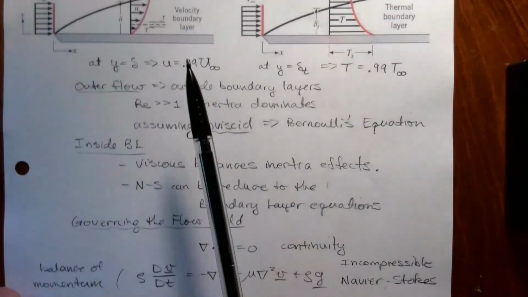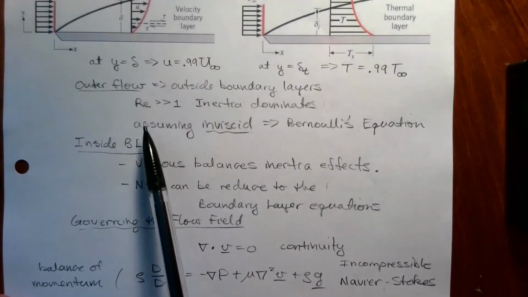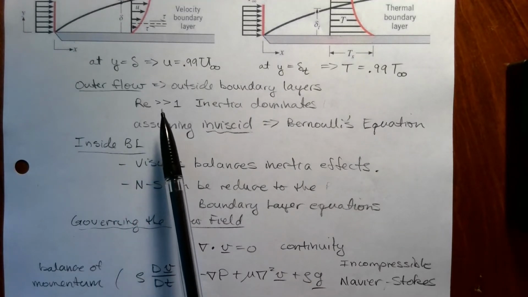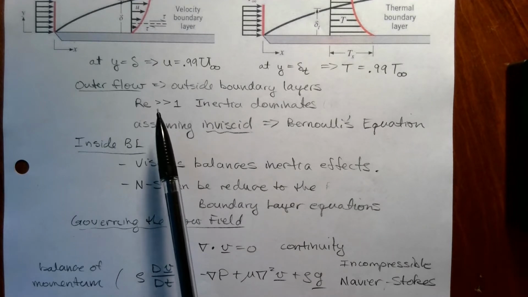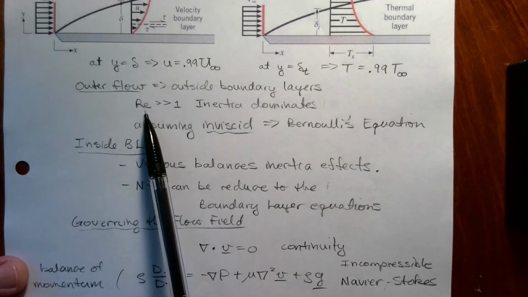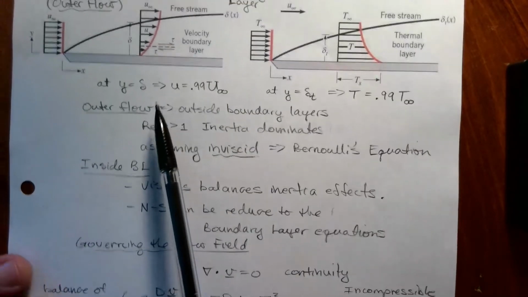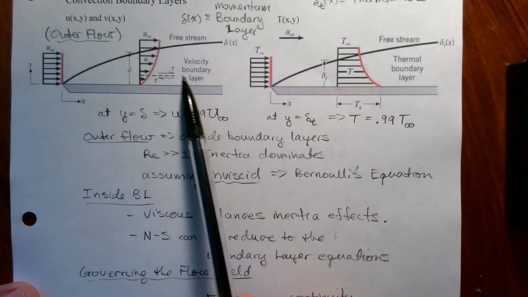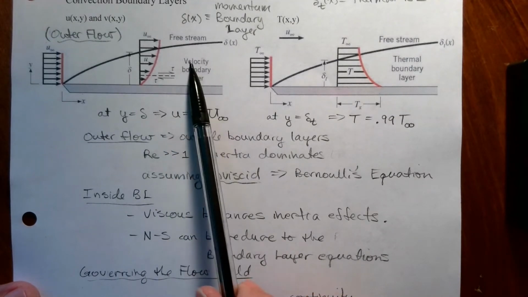If you remember the Reynolds number from your fluid mechanics course, that would be rho times U ambient times a distance L divided by mu, the viscosity. That's a dimensionless parameter. If the Reynolds number for this flow is very, very large, then that suggests that there will be a boundary layer. Inside the boundary layer, viscous forces are important and they balance inertia.